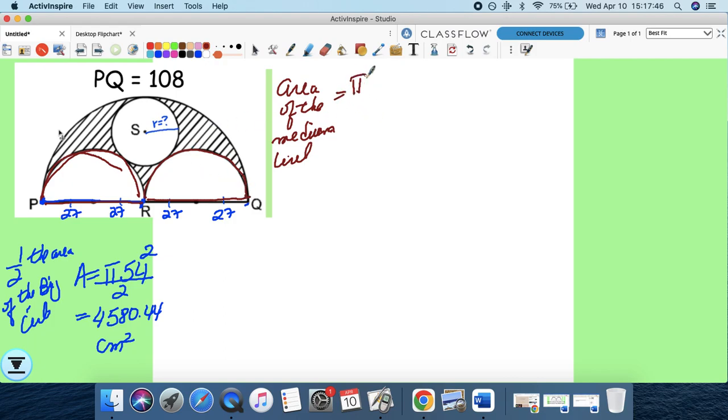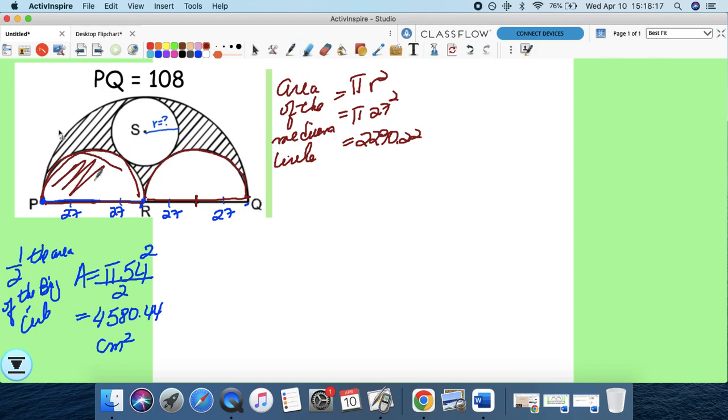So pi r squared, and the radius in this case is 27. 27 squared times pi gives 2,290.22.